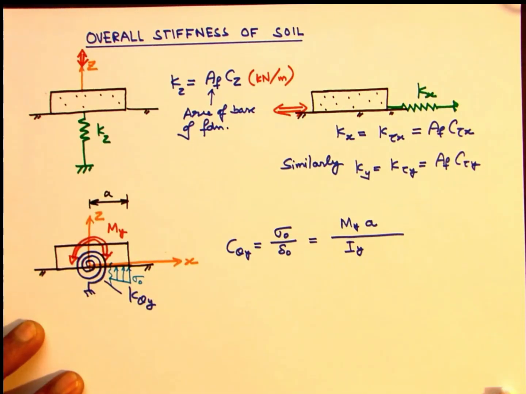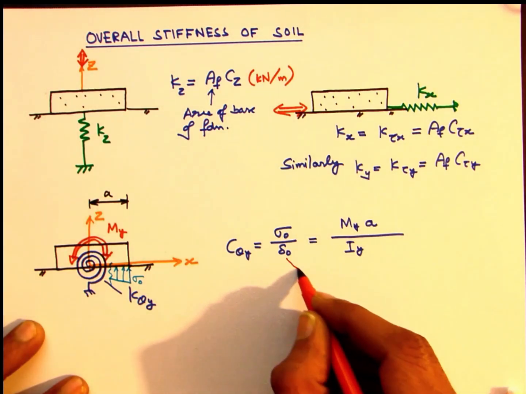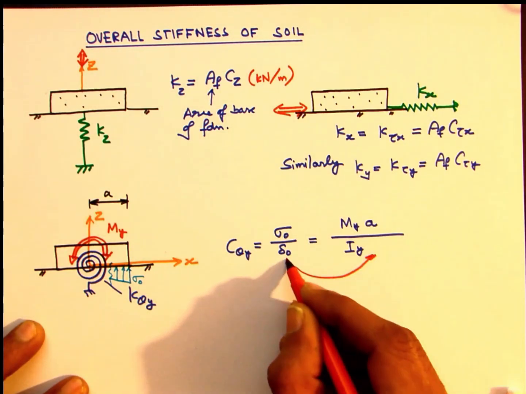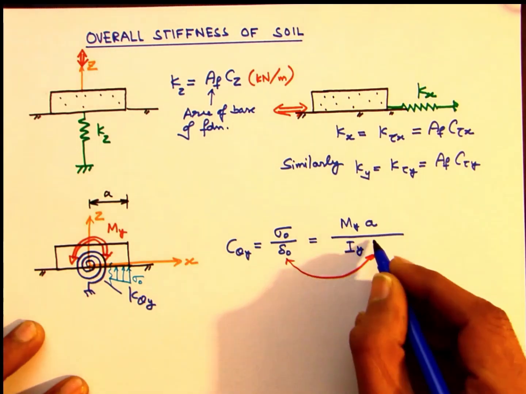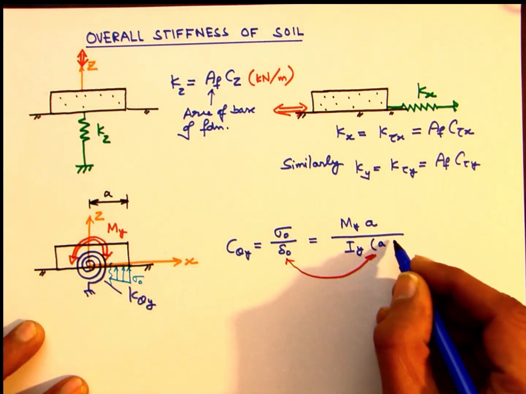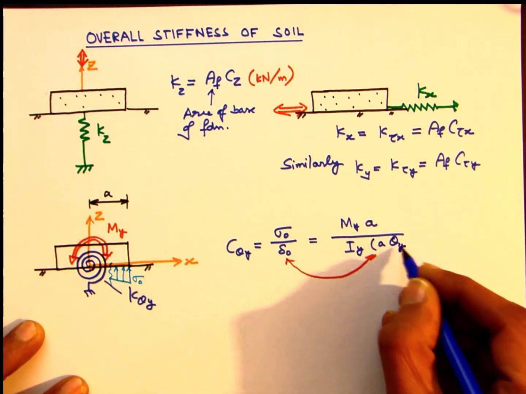Here it is a, and further delta naught, that is the vertical deflection at the extreme point, can also be expressed in terms of the rotation theta y as the product of a into theta y.